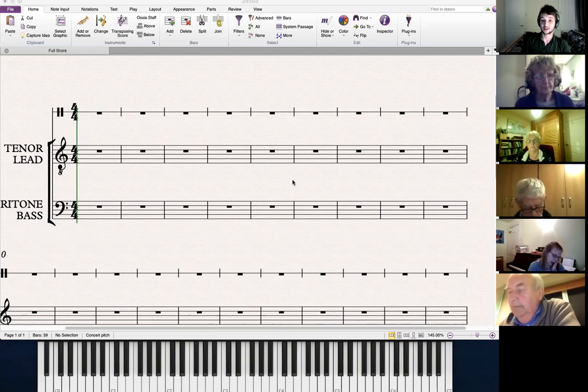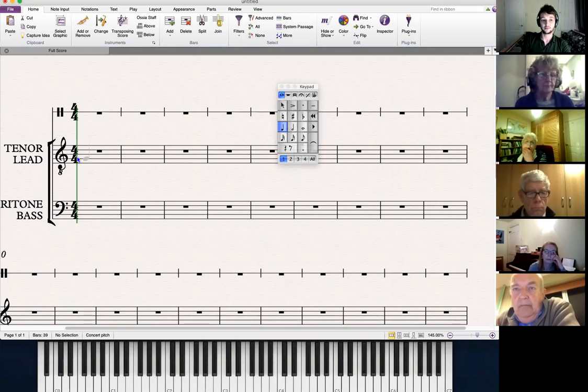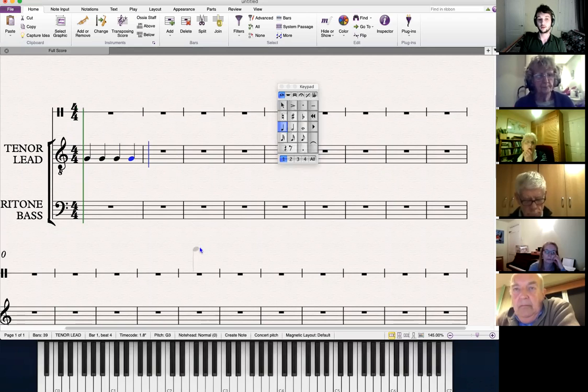They're not just there to make the music look equal. They segmentize the music. Here we would have 4 beats in this bar, so if I put 4 crotchets into this bar here, there we go.